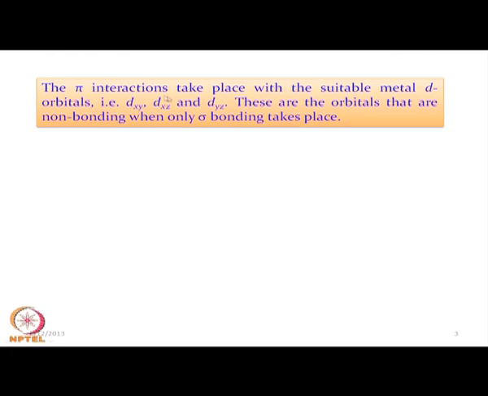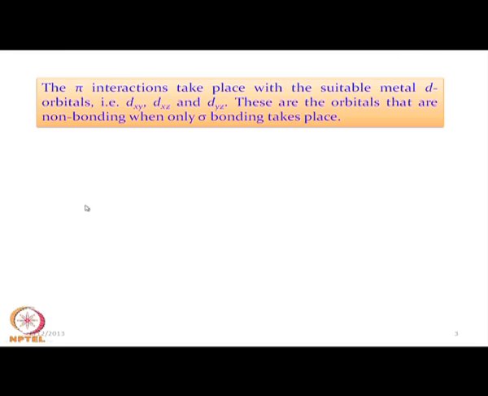We can have the corresponding electronic transitions or charge transfer transitions from the T2g level, which is of non-bonding character, and the electron density from those levels can be transferred to the eg star level, that means the anti-bonding eg level, and some other higher energy orbitals. So, we have stated already that these are the orbitals that are non-bonding when we only consider the sigma bonding interactions.